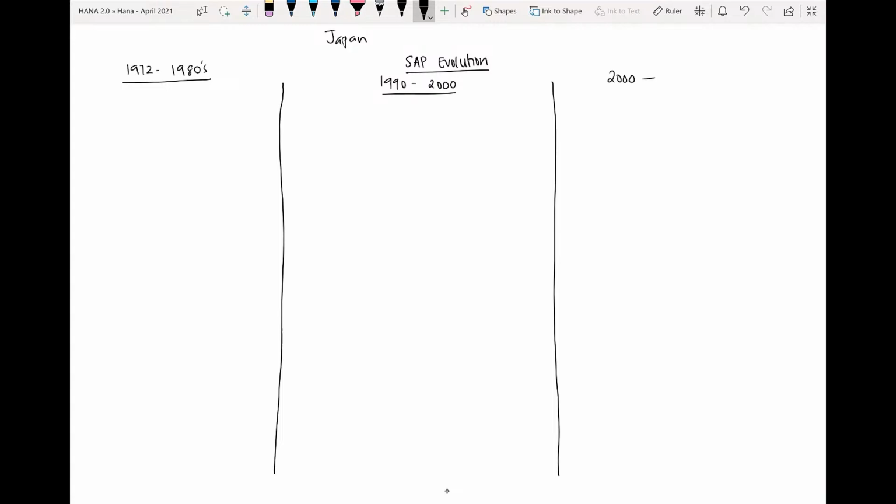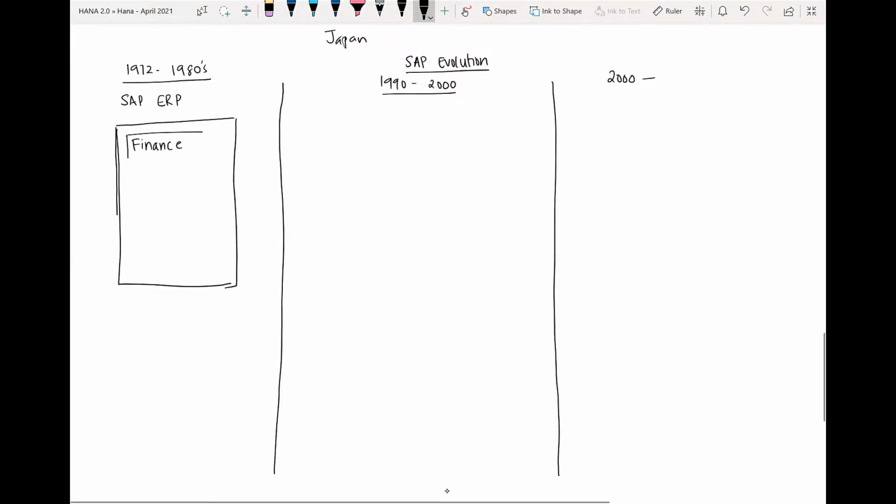If I can broadly categorize SAP's evolution in these 3 periods of time, let's understand what happened. We all now understand SAP created this product, which, if I were to generally coin it, is an ERP solution. What is this ERP solution? This ERP solution broadly supported information about 3 major functionalities within any organization: finance, logistics, and human resources.